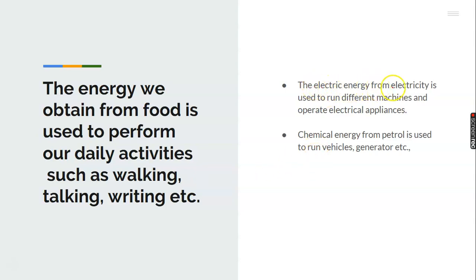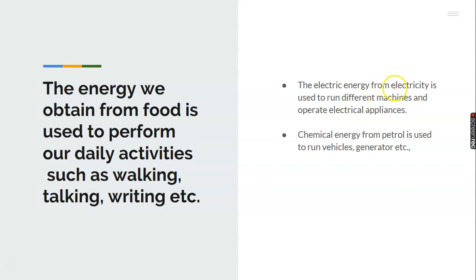Okay, the electric energy from electricity is used to run different machines and operate electrical appliances. In your house now, with the electricity supplied by PHCN, you can use it to switch on your pumping machine to pump your water. You can use it to wash your clothes with your washing machine.